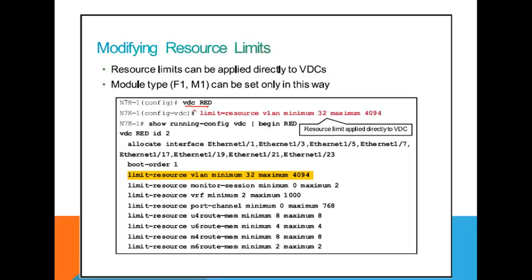This is also part of the exam. We say this can use a minimum of 32 VLANs, maximum of 4094. Likewise, we can do it for VRF, for port channeling, for unicast. This is for unicast IPv4 routing, the maximum number of entry memories.